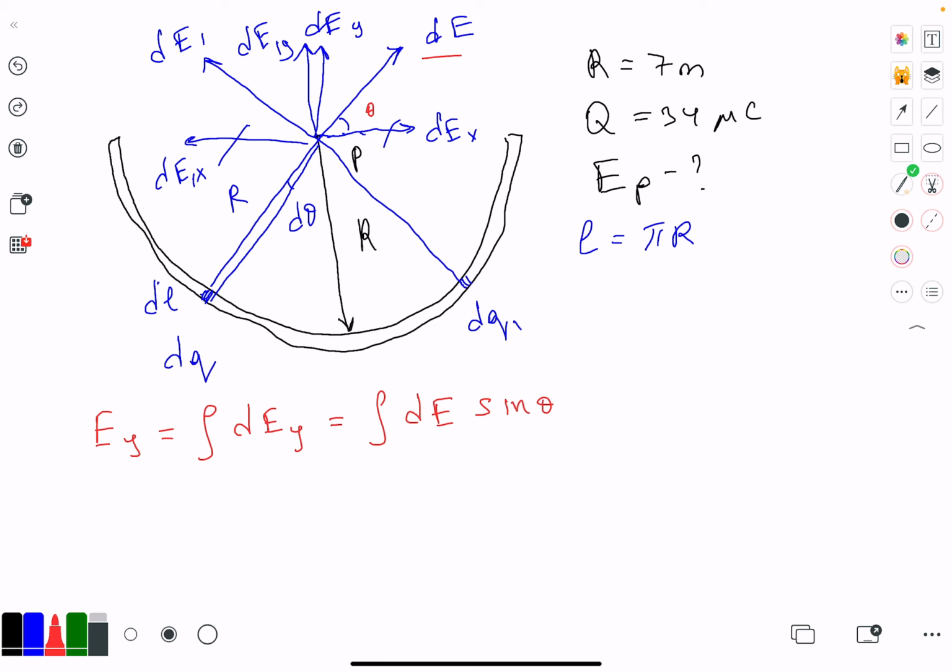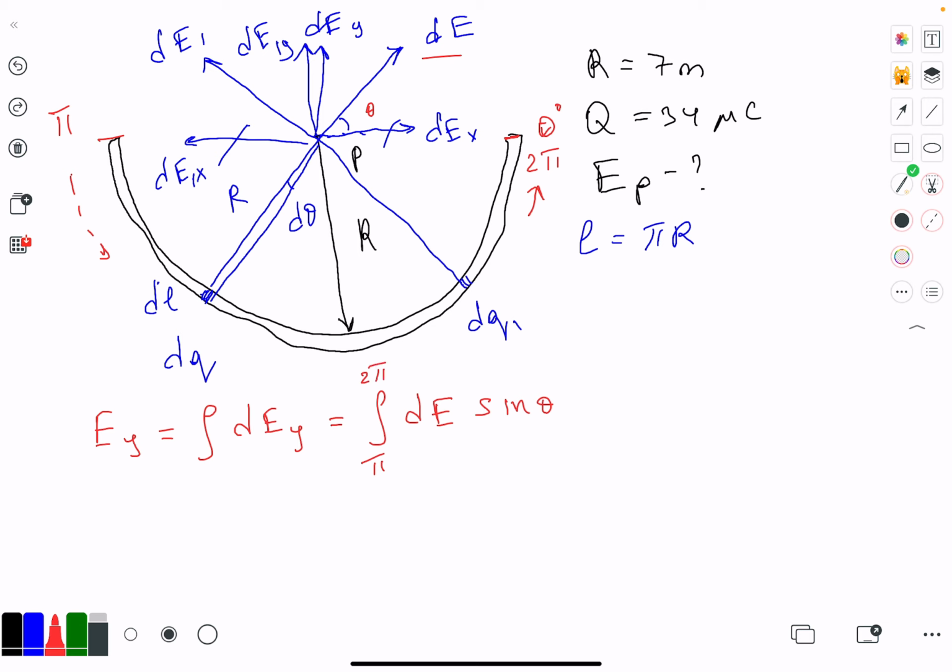What about the limits? If you take this one as 0, this will be pi, and if you go up to here, it will make 2 pi, correct? So the limits are from pi to 2 pi.